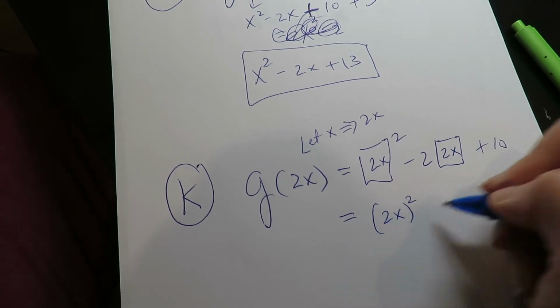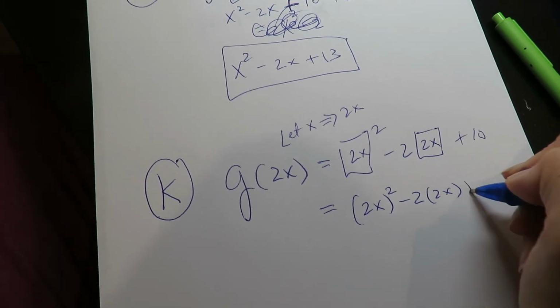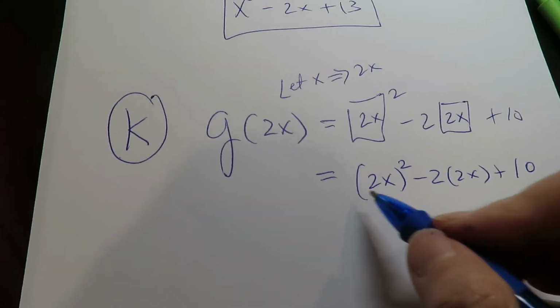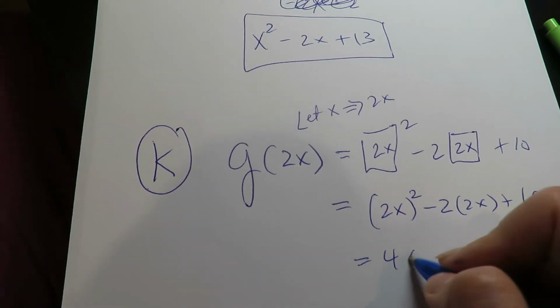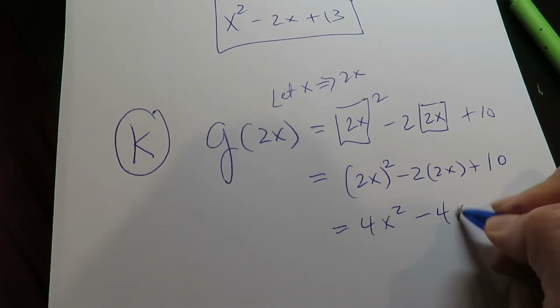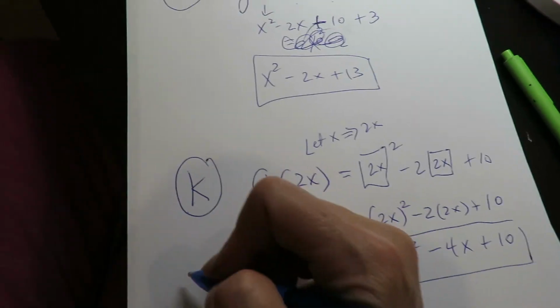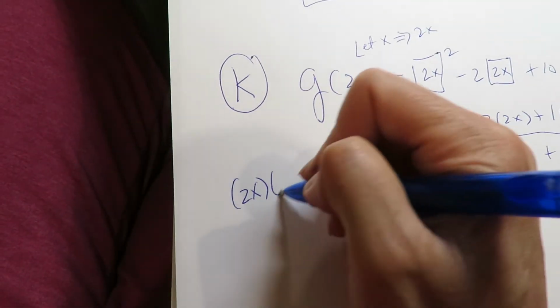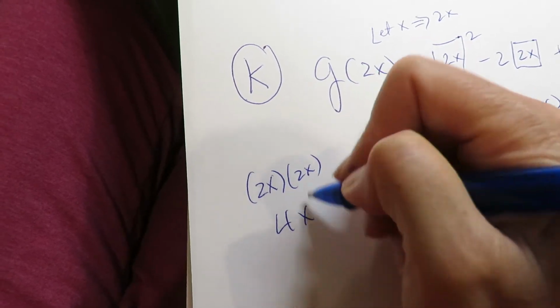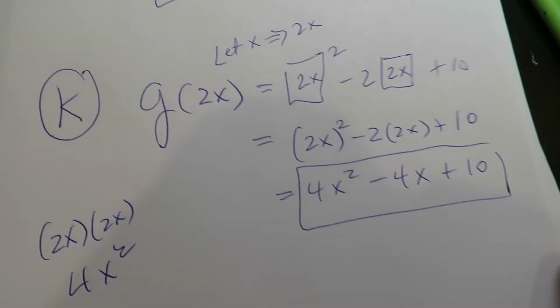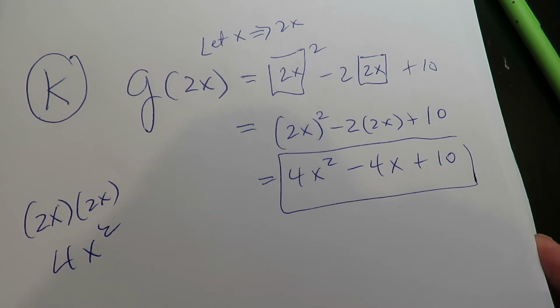Let me just take off the boxes now. It's a little easier to simplify without the boxes. So 2x squared is 4x squared, because 2x squared means you're doing 2x times 2x, so that's 4x squared. All right, and there's the answer to that guy.